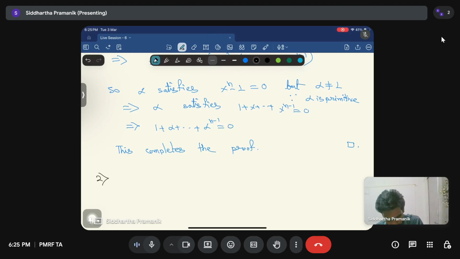So again, let n bigger than 1 be a positive integer.